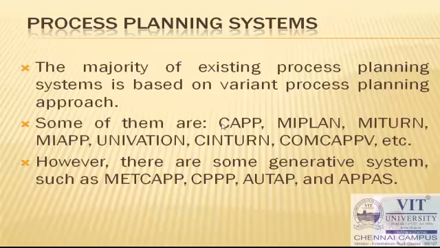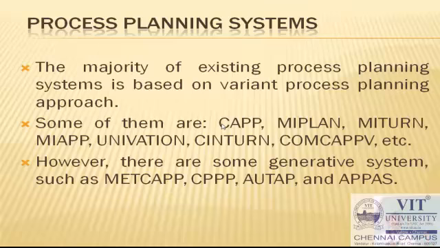So what are all the software available for computer aided process planning? By using this software, you can either retrieve a document or process plan from the database, or generate your own process plan according to your component. Here are some of the process planning software: CAPP, MI Plan, MI Turn, MI APP.